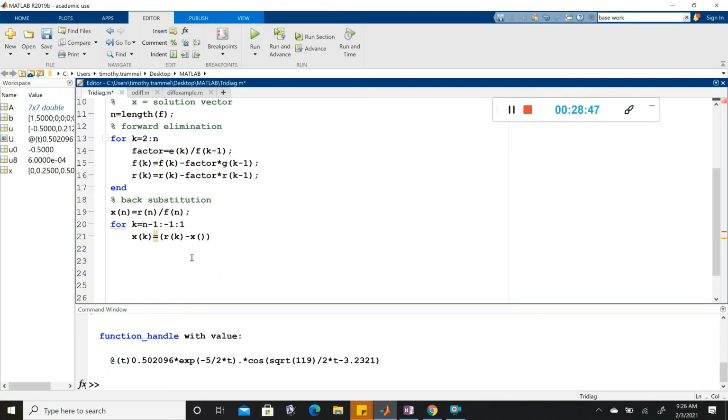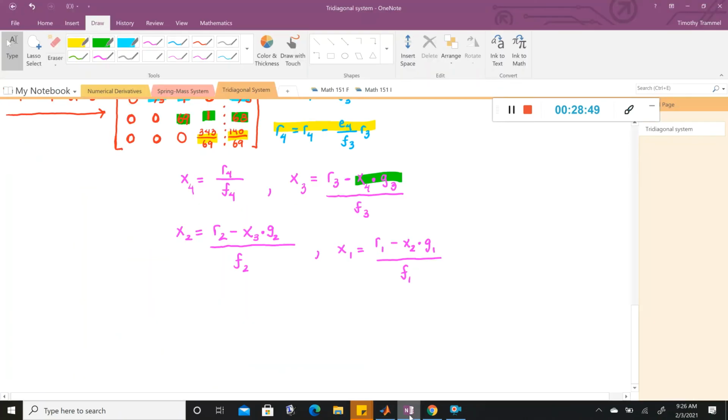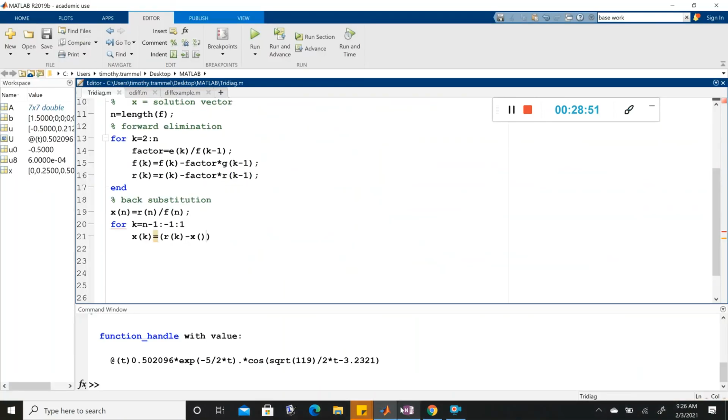So we have r of k minus x of something times g of k, right? We said that that index was going to match. And so this takes care of the numerator, and now we'd like to divide this all by f of k. So the question is just what goes here?